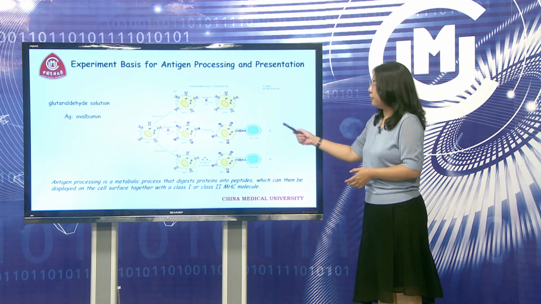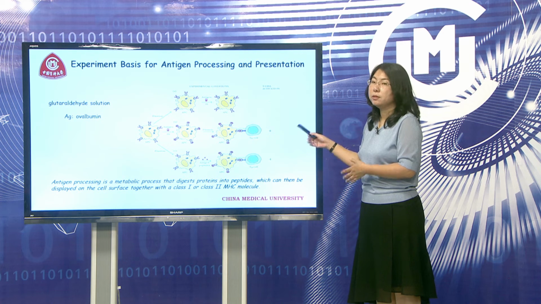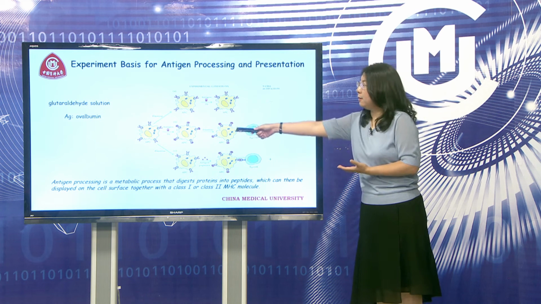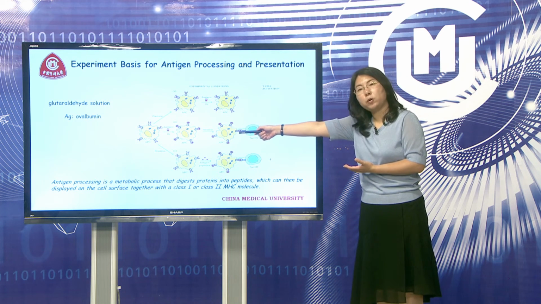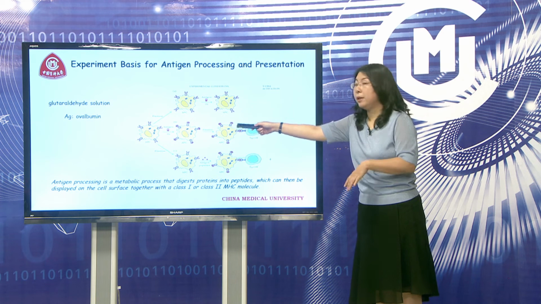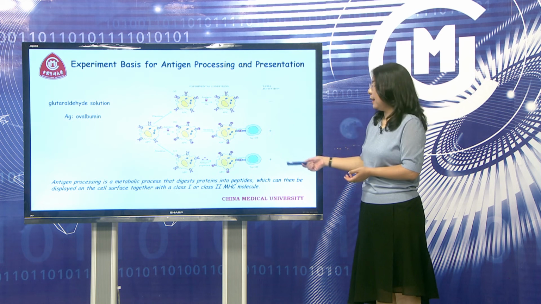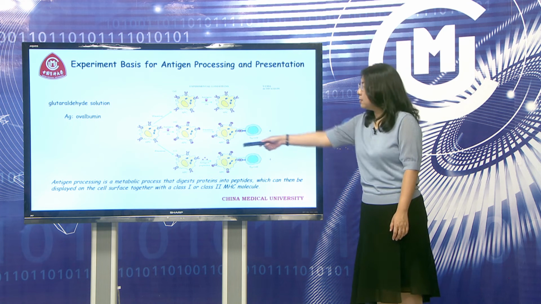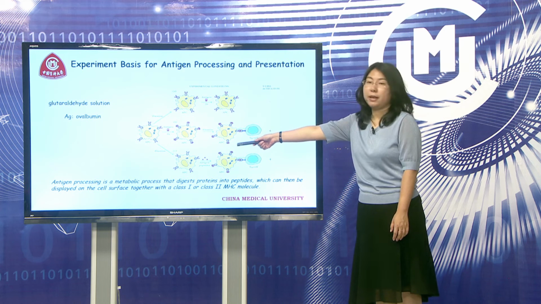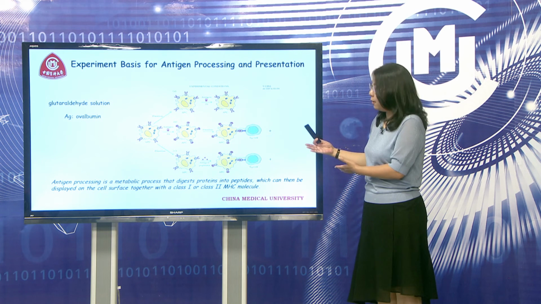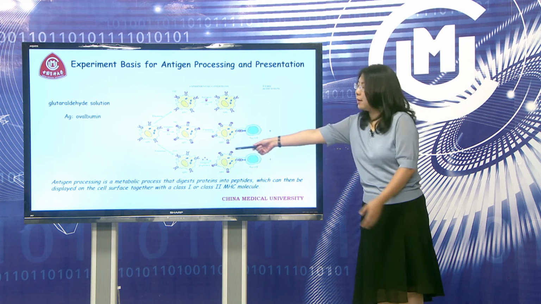So from this experiment, we know something happened inside the APC, right? In this macrophage, the antigen may be degraded, and after that, presented. Then the last experiment. Same, the macrophage was fixed, so it keeps its structure, and this cell is not alive.